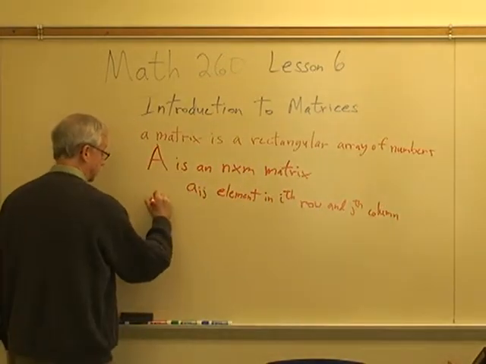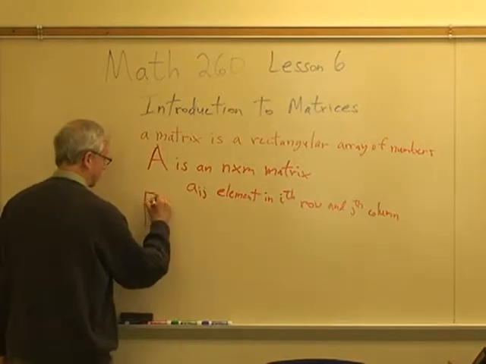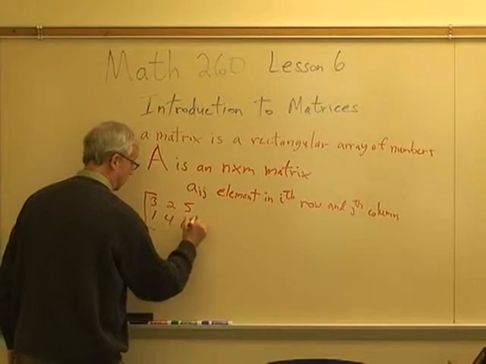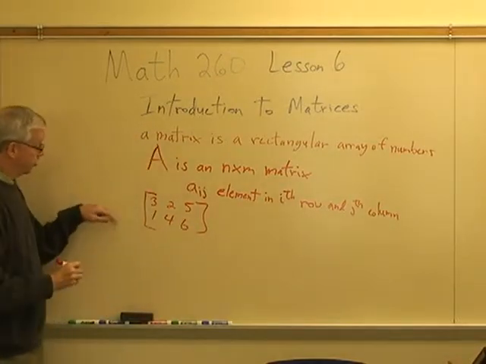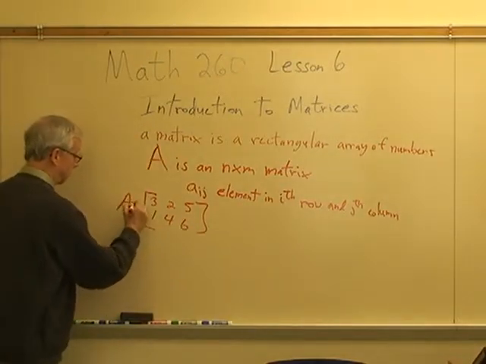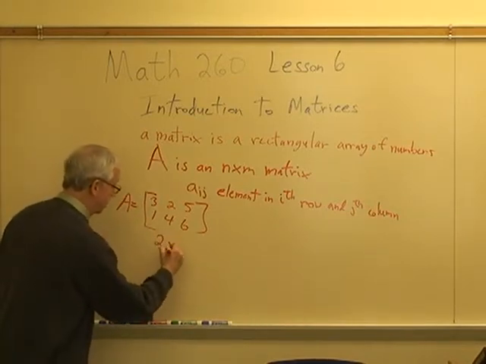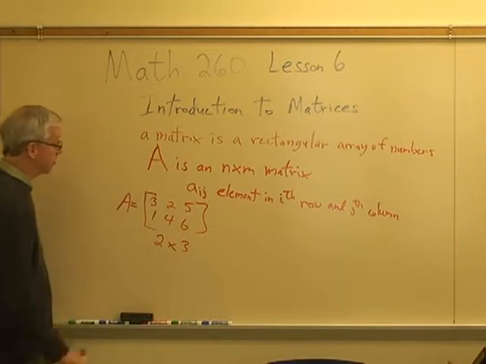So for example, the dimensions of this matrix would be rows, columns. So it's 2 by 3, 2 rows and 3 columns.